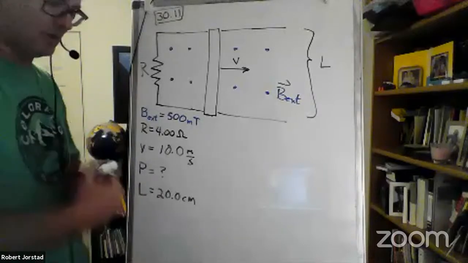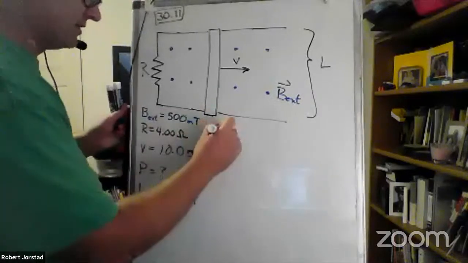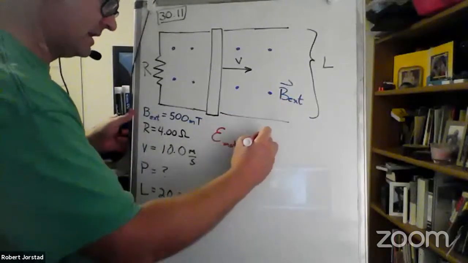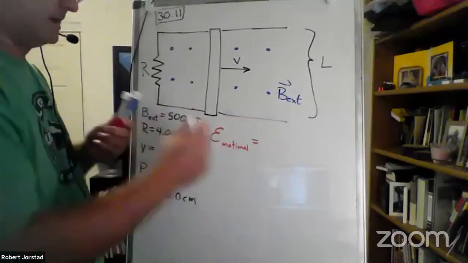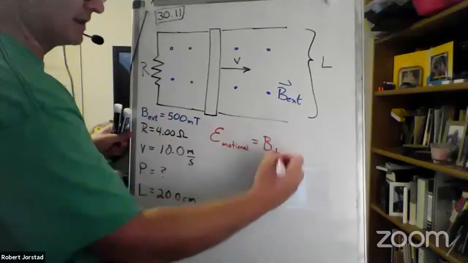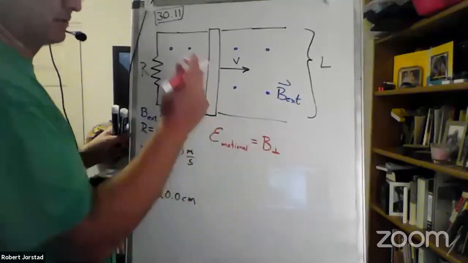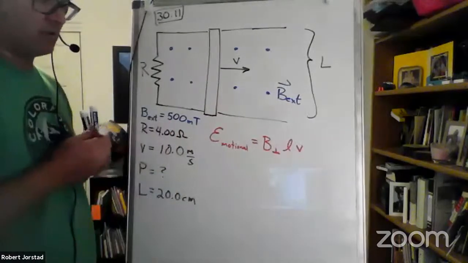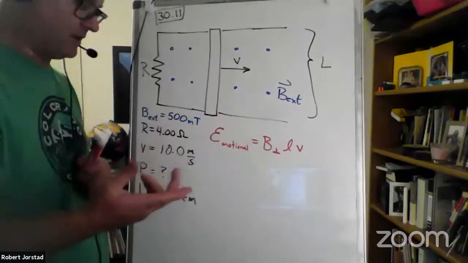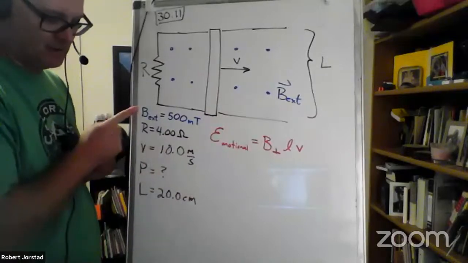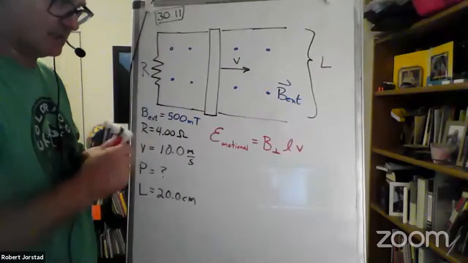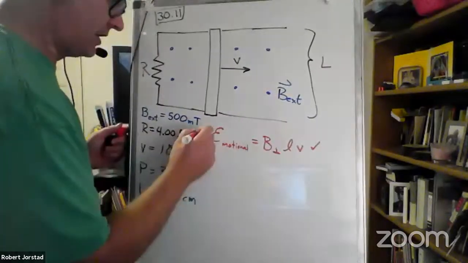So E motional is equal to B perpendicular to the rod, times its length times its speed. Well, in this case, I think we know all those things. We know the external field, we know the length, and we know the speed. Check. We've got this. So that's part A.